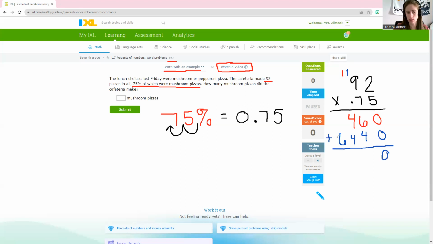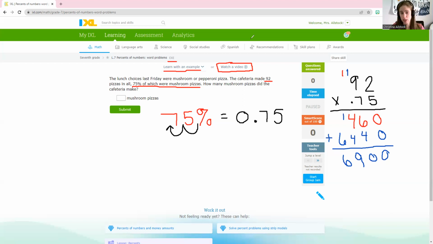0 plus 0, 6 plus 4 is 10, 4 plus 4 is 8, plus 1 is 9, and then bring down your 6. Now is when we're going to deal with that decimal point. When you're multiplying with decimals, you look at your original problem and you add up how many digits follow the decimal point, or another way of saying that is how many numbers are to the right of your decimal point, and that's how many need to be to the right of the decimal point in your answer.